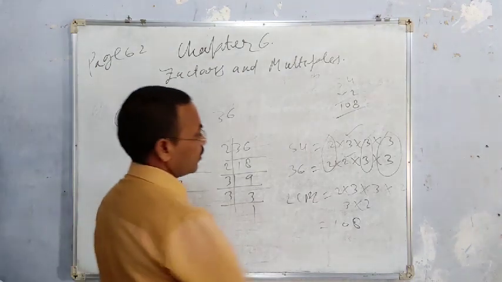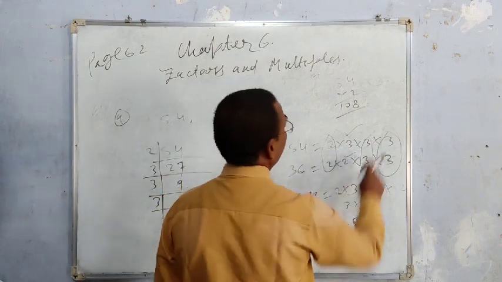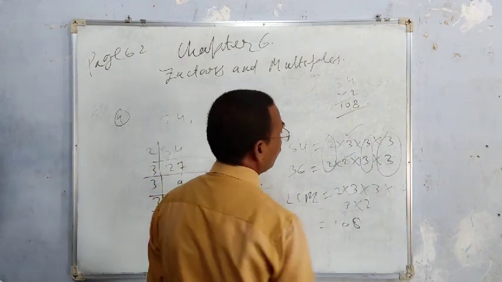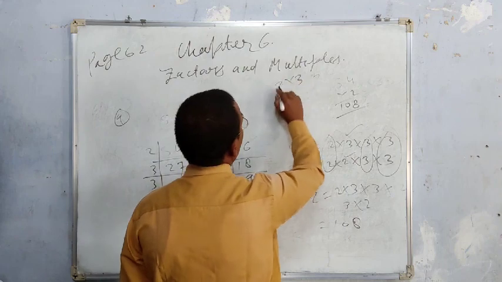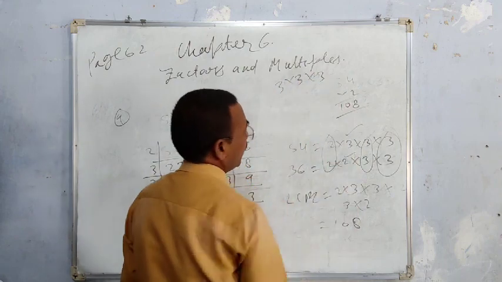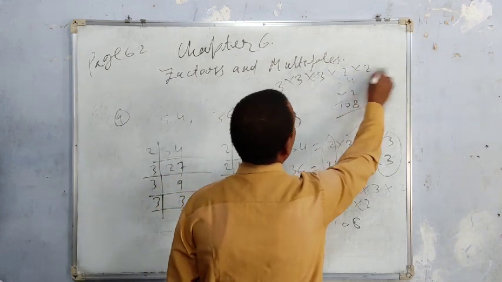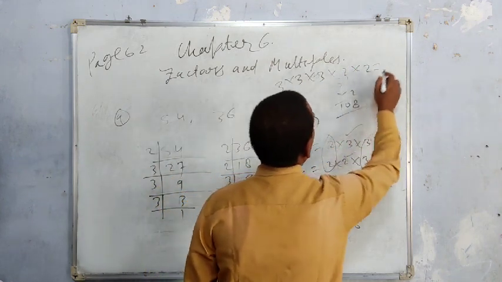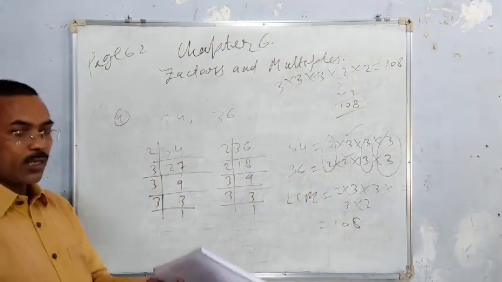Second method: see here 2 and 3. 2 is coming 1 time here and 2 times there. Here 3 is coming 3 times, here 3 is coming 2 times. So 3 should be multiplied 3 times, 3 into 3 into 3, and 2 should be multiplied the maximum times, 2 times. If you multiply, you get 108. So you can use any one method.